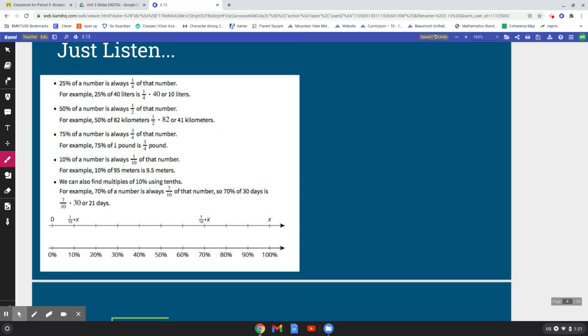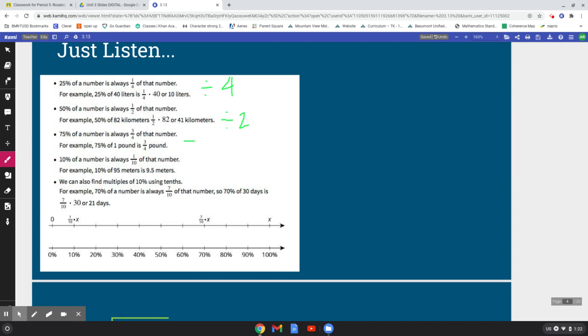Okay, so 25% of a number is always 1/4. So we would divide by 4, right? That's what I kind of already said. 50% of a number is half of the number. So you would divide it by 2. 75% of a number is always 3/4 of the number.